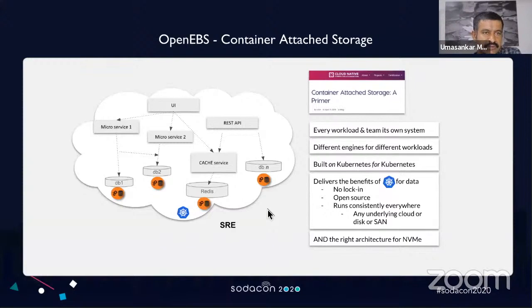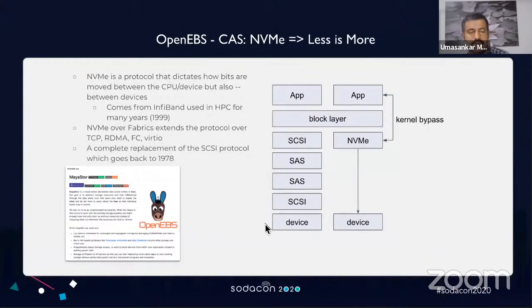It is always open source, and especially with OpenEBS, there's no lock-in, as it is completely open. The other one is NVMe, as we all see. OpenEBS has its newest storage engine called MayaStore that removes the bottleneck of the kernel while processing the data.